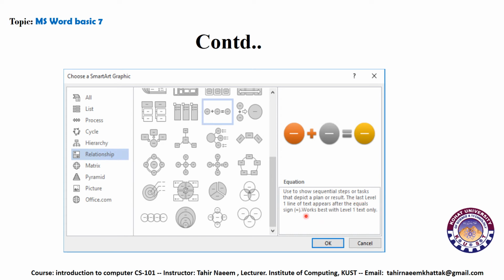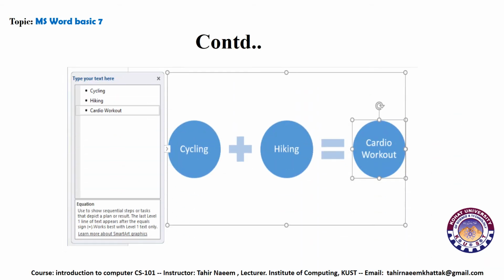The last level one line of text appears after the equal sign, and it works best with level one text only.